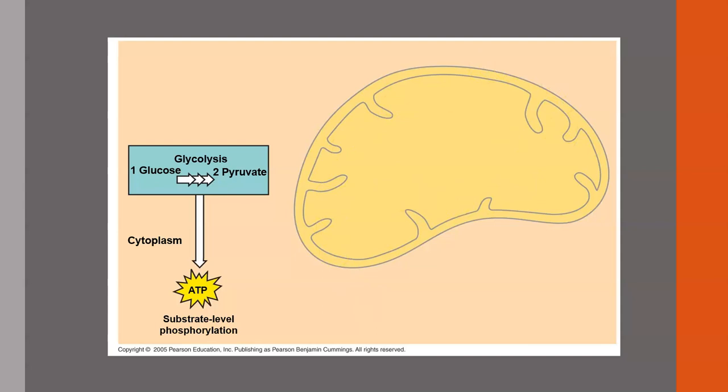But for now, we're looking at the fact that glycolysis occurs in the cytoplasm. And it begins with the breaking of 1 molecule of glucose into 2 molecules of pyruvate. Through glycolysis, there is going to be a little bit of ATP formed through a process called substrate level phosphorylation. Maybe you remember learning a bit about substrates in our last chapter with enzymes.